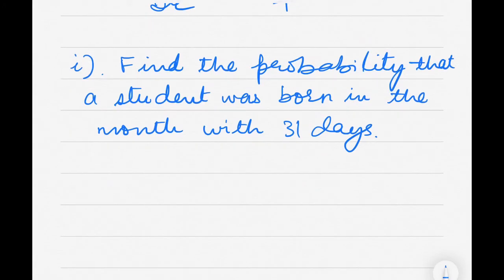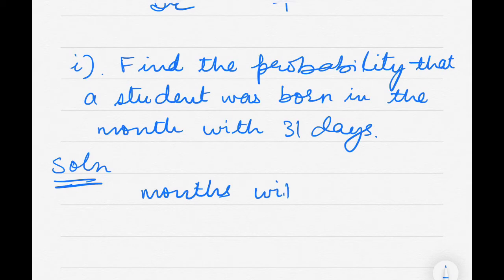So first in this case we have to figure out which months have 31 days, right? If we go through the months, I think everybody knows. Which are the months with 31 days?